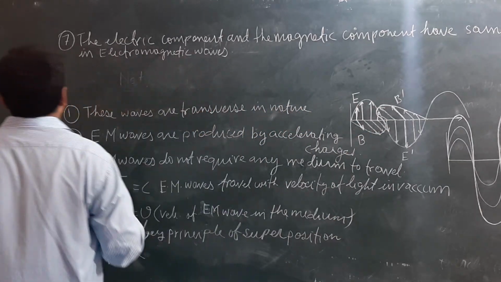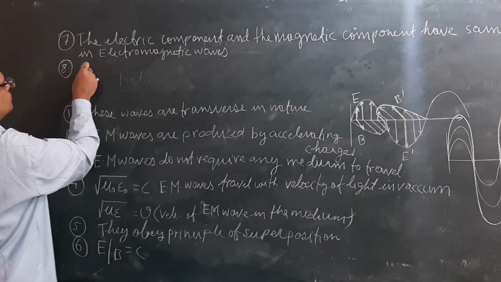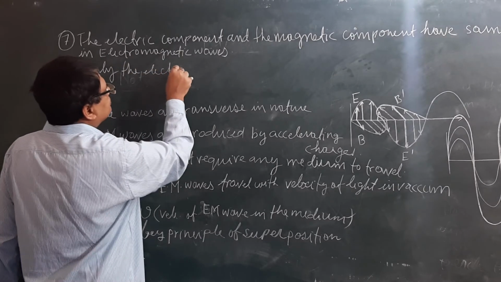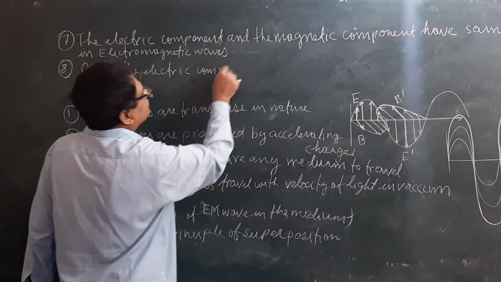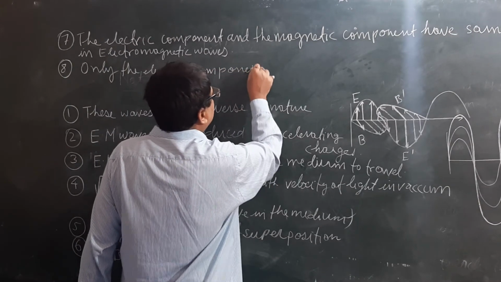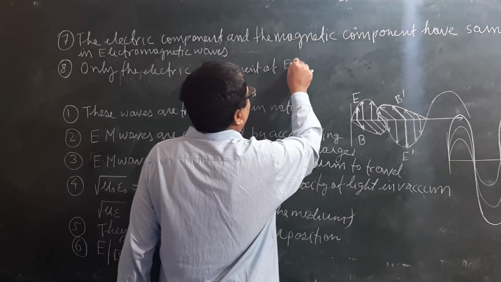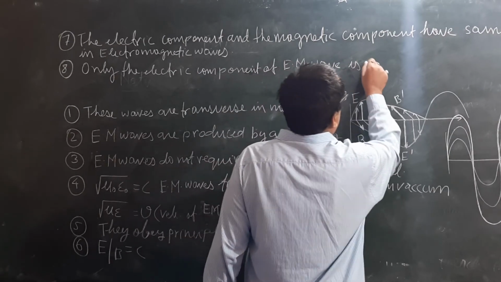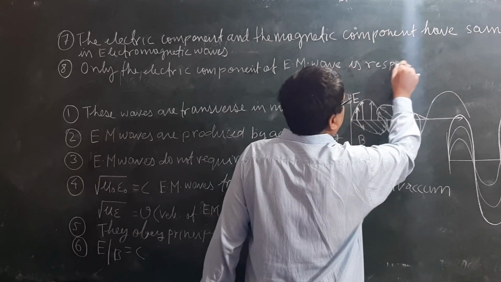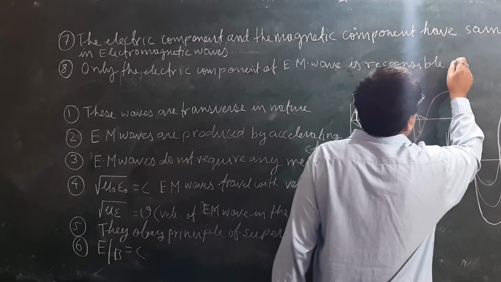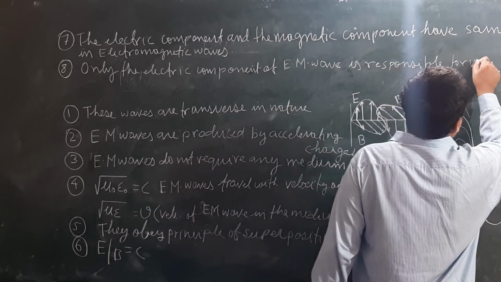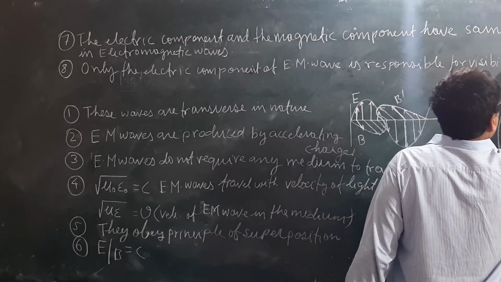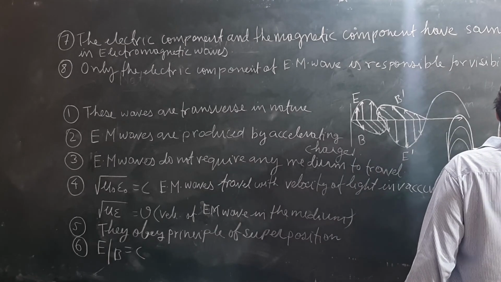So we can write this property: only the electric component of electromagnetic wave is responsible for visibility of light.